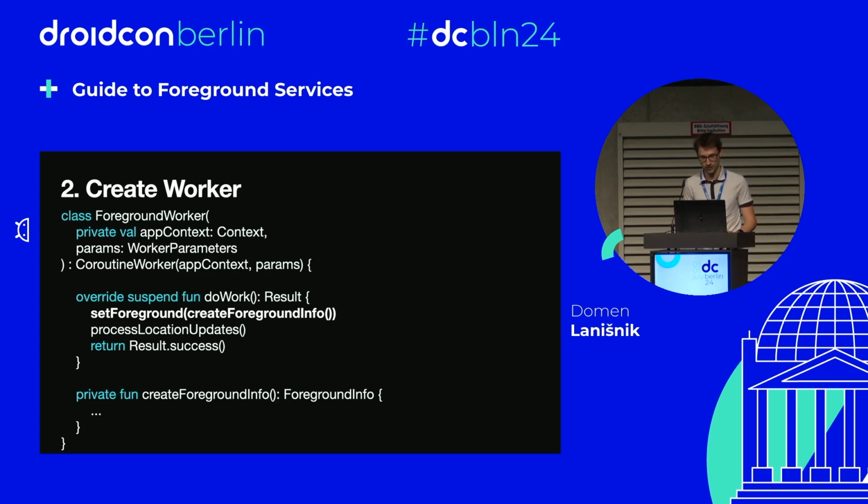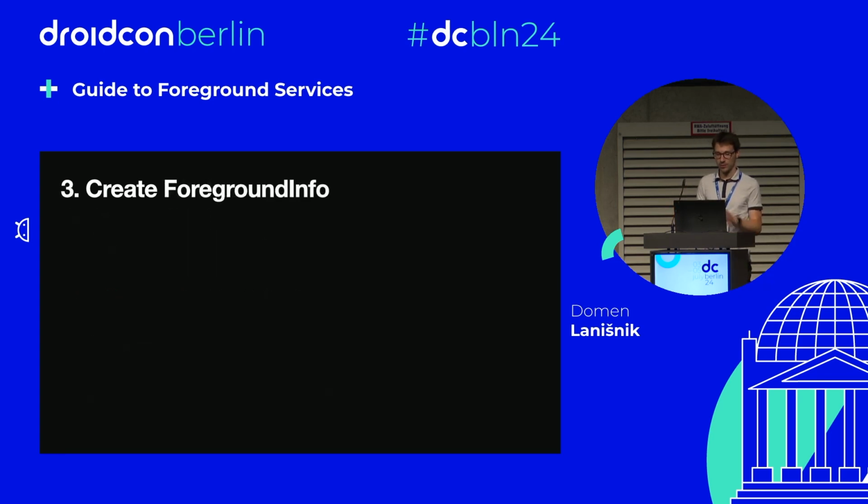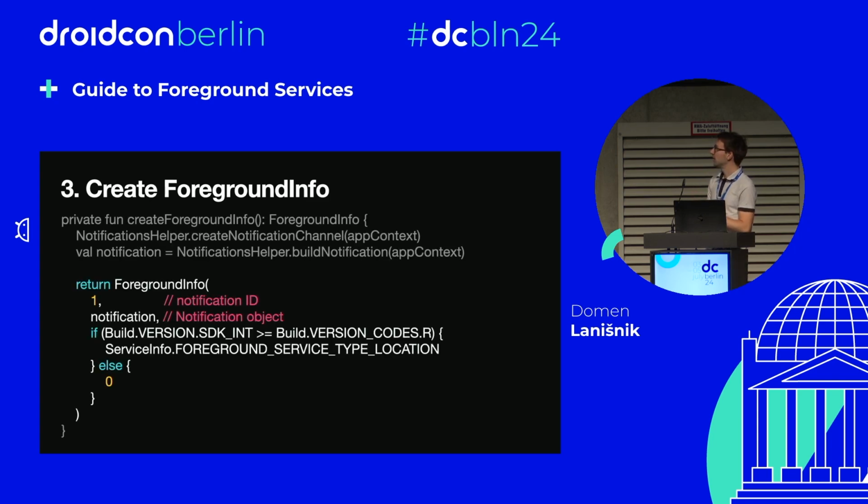Okay, so now if we take a look at the foreground info object, we'll see that it looks really similar to the start foreground function in the service, right? It accepts a notification ID, a notification object, and a foreground service type. So we basically have to pass in the foreground service type.